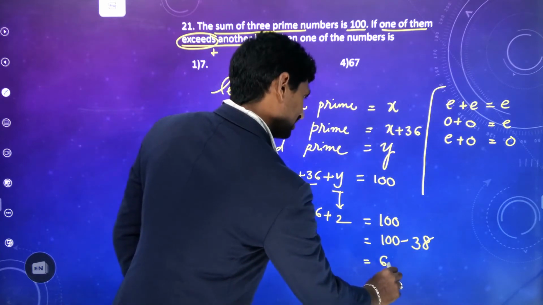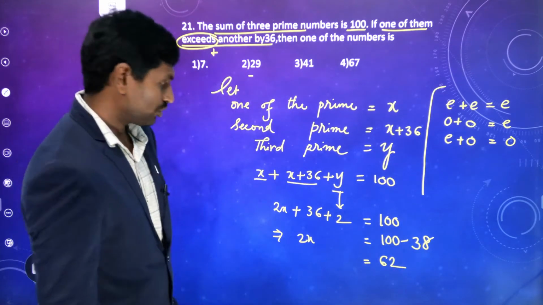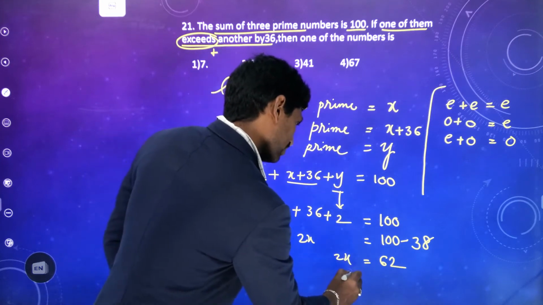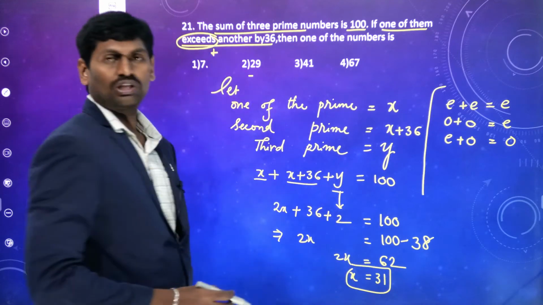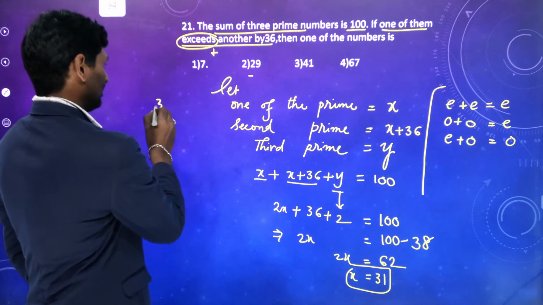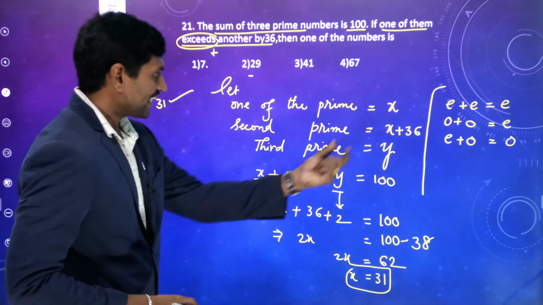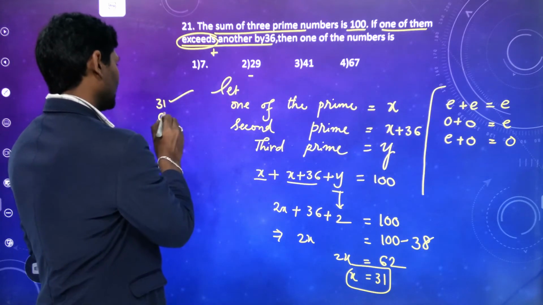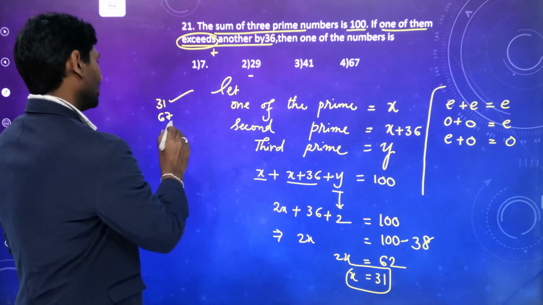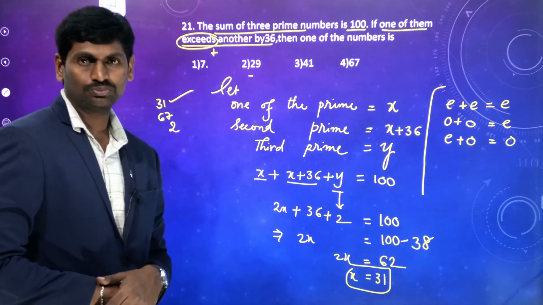How much? 62. So 2x value is 62, x value is 31. We got it. So the prime number is 31 and second prime number is x plus 36. That means 31 plus 36 is 67 and third prime number is 2.